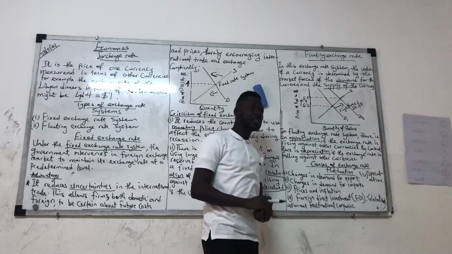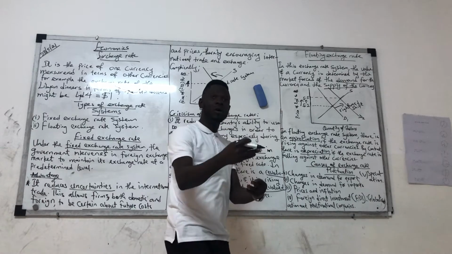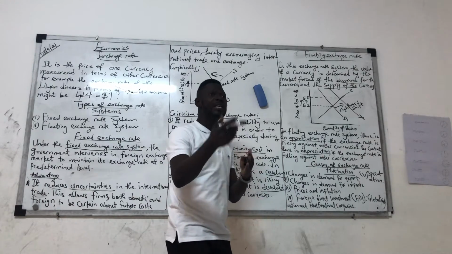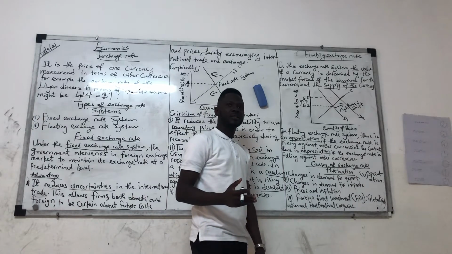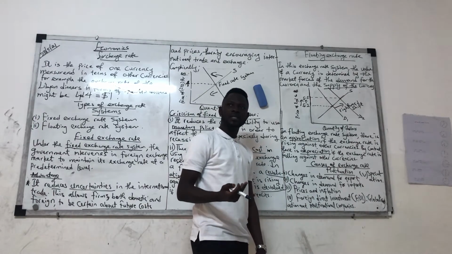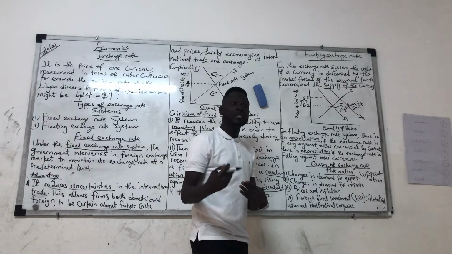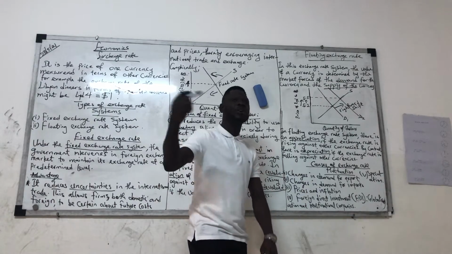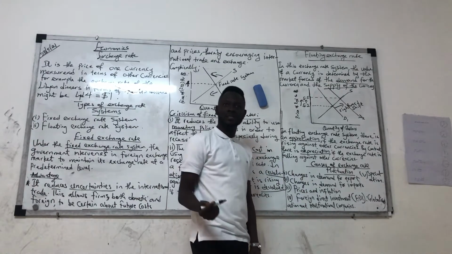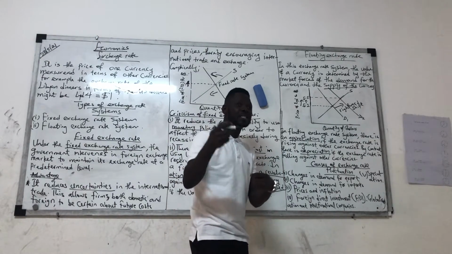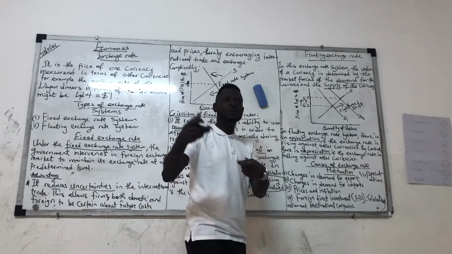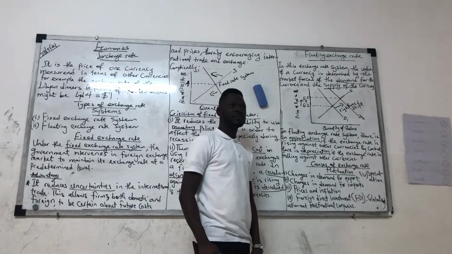So for floating exchange rate, whenever we demand more of a currency, the price of that currency rises against our own currency. Do you get it? When we need more of dinars, that means the dinar will rise against other currencies that need the dinar. So when we need more of dollars, it means that the dollar rate will rise against the currency we use in searching for that dollar.